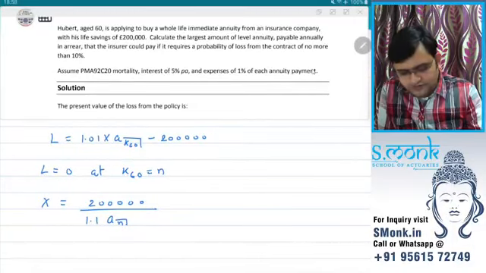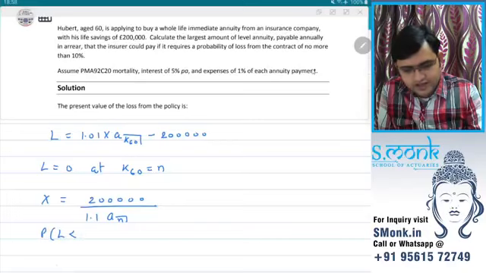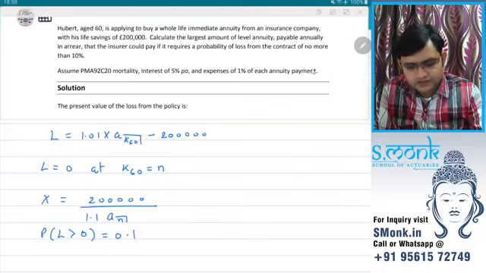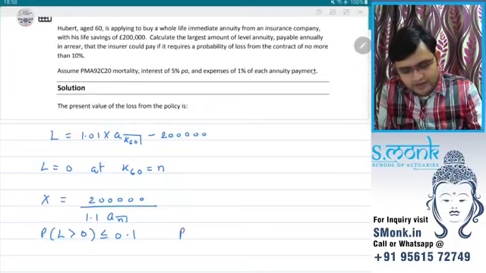So when we say that a person survives for more than n years, we want the probability that our loss should be no more than 10%. So loss greater than 0 should happen 10% of the times, you can say less than or equal to 10%. Then we are saying probability K60 be less than n, 10% of the time.